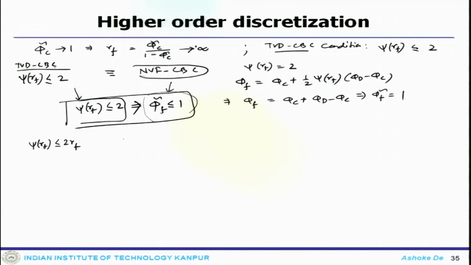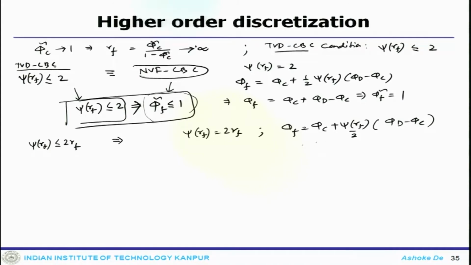Then the equivalent condition one can find out equals 2 RF. Now, phi f equals phi c plus psi RF by 2 into phi d minus phi c.